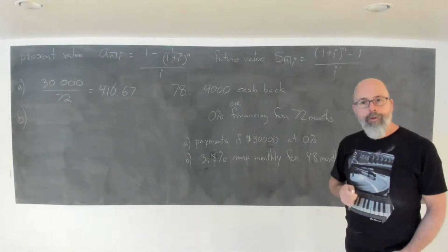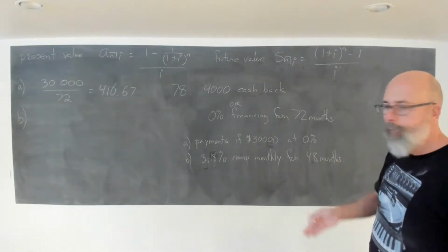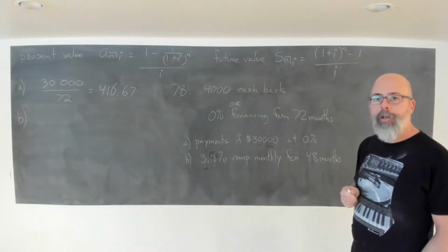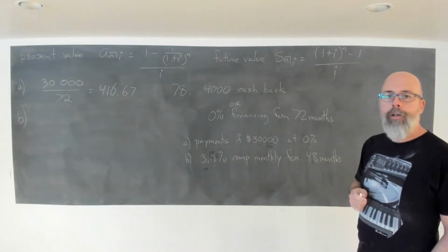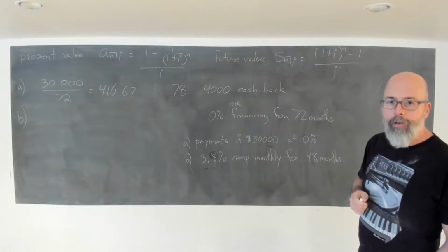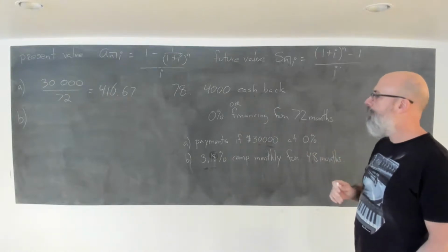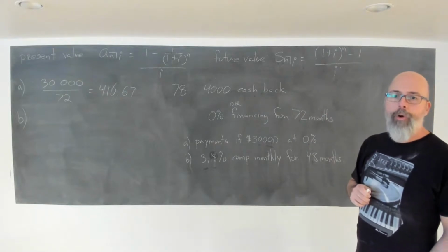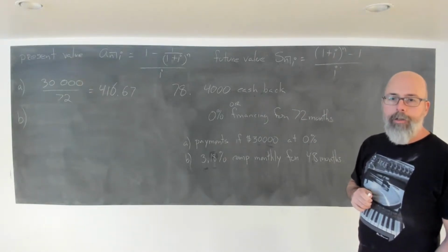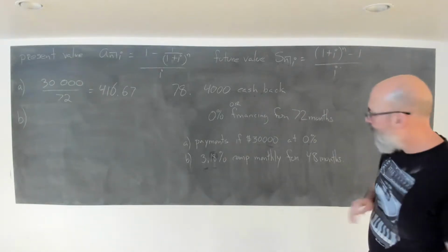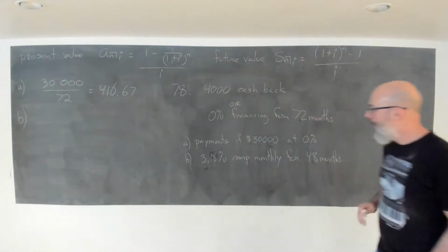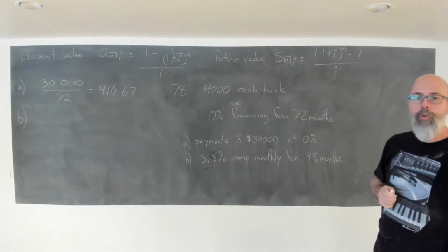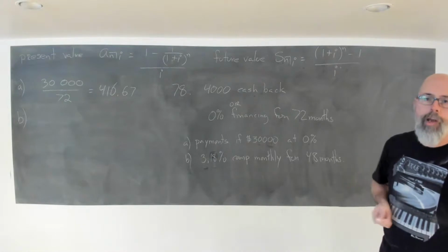When are you getting the truck? Are you getting the truck now, or are you getting the truck later on? And by that I mean, are you putting money in the bank in order to buy a truck at some time in the future? Of course, you're not. You will start paying when you buy the truck, which is right now.